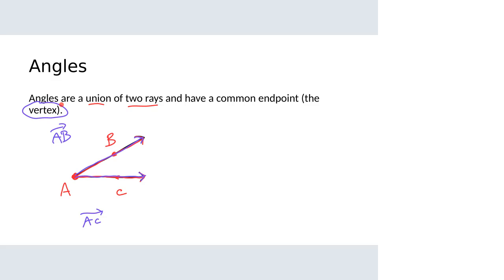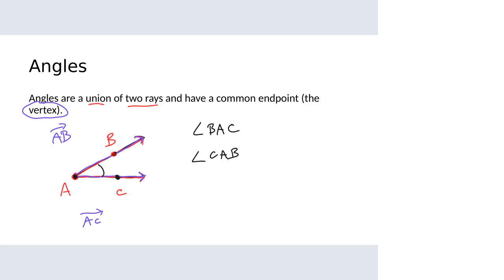And so this angle has a vertex that is point A. If we want to name the angle, and it's important to know how to name an angle, what we're going to do is start at one of the points, then mention the vertex, and then mention the other point. So we could call this angle BAC, because if we were to start at B, go to A, and then go to C, we have described that angle. This is angle BAC. If you wanted to, you could also call this angle CAB, because you're starting at C, going through A over to B, CAB.